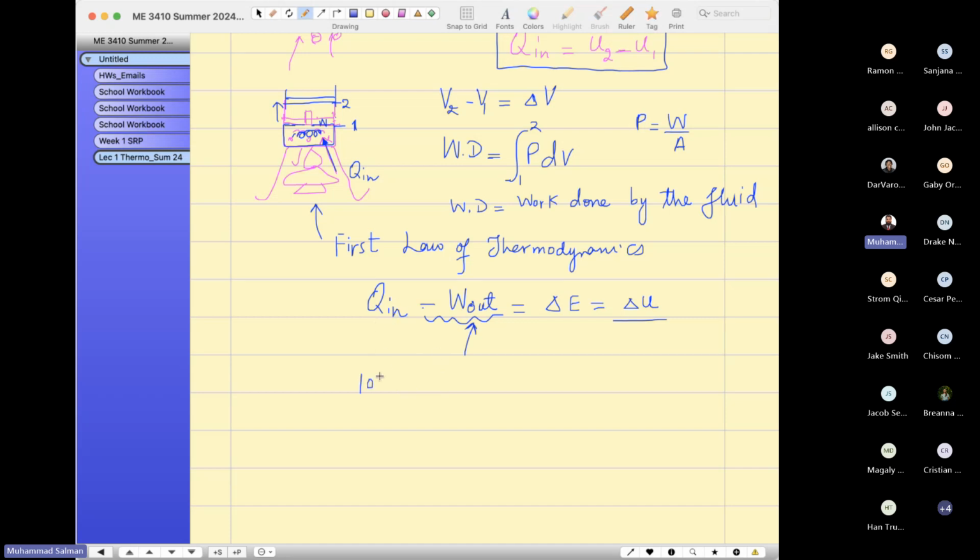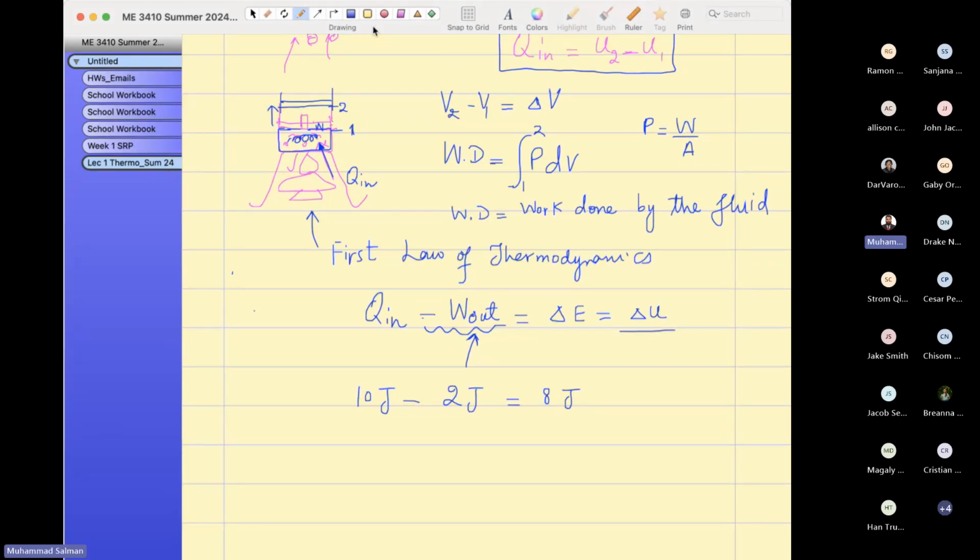Suppose 10 joules of heat is supplied, and 2 joules are used to move the piston upward. The remaining is 8 joules. This is the perfect example of the first law of thermodynamics, that energy is conserved.